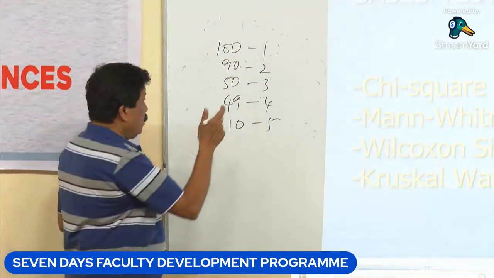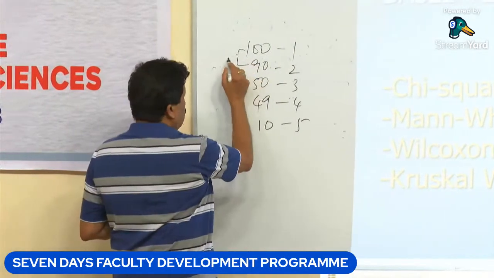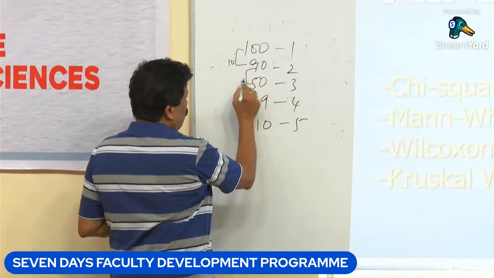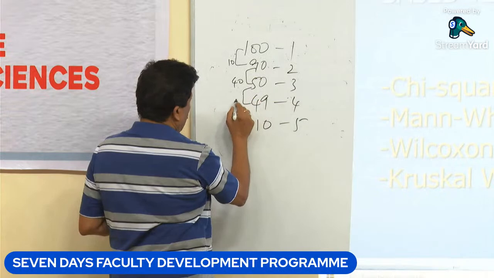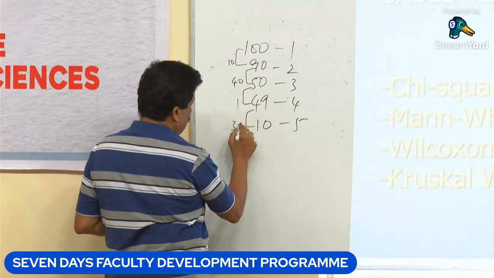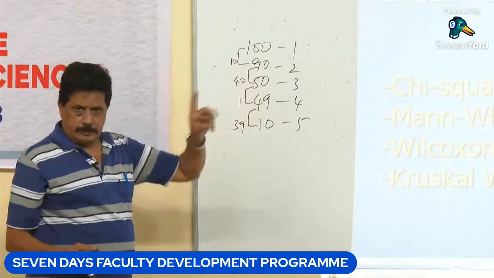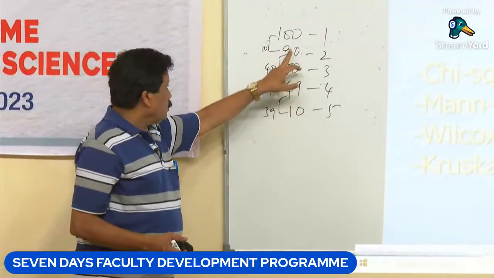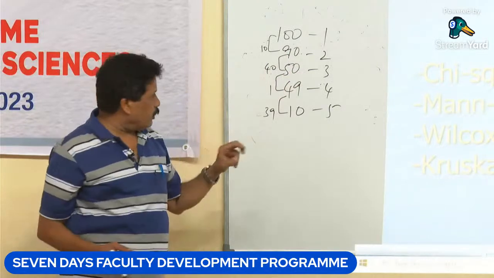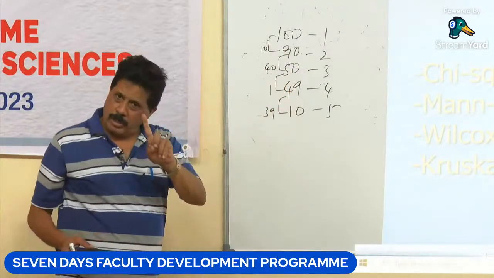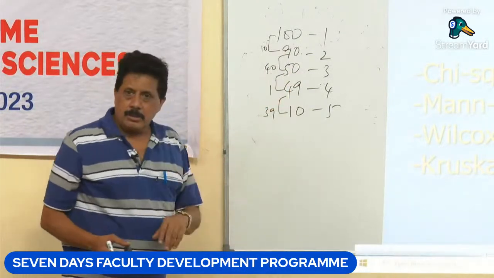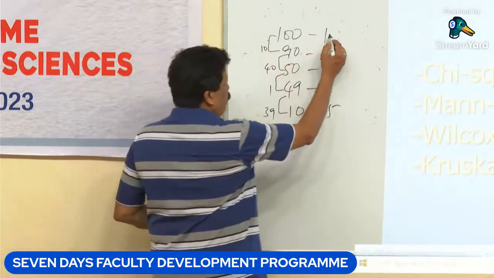Now what happens? Look into it. What is the difference? Have you seen the difference? 100 to 90, 10 difference, 90 to 50, 40 difference, 50 to 49, only one difference. Then again comes a 39 difference. Now see the difference here.